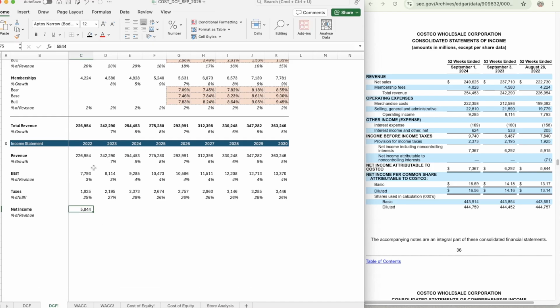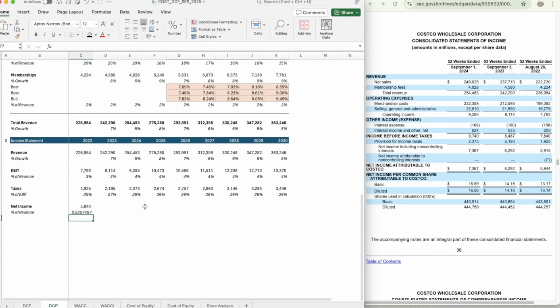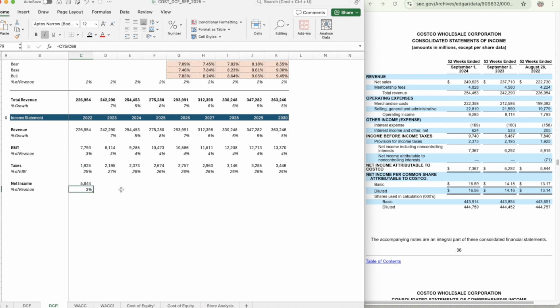It's still 6 billion, but relative to the revenue, it's very small. And this net income predominantly comes from the membership sales. 6292, and then 7367. Wow, so it's a 3% net income margin, maybe even less if we were to do two decimal places.